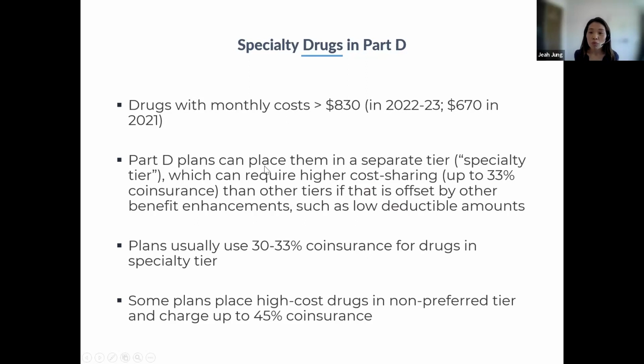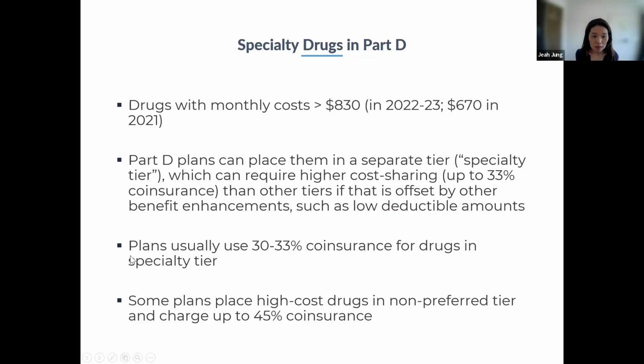Once the tier is defined as a specialty tier, you can actually charge a little bit higher cost sharing, up to 33% co-insurance, than other tiers, but you have to offset this higher cost sharing for specialty tiers by lowering deductibles. That's a condition, but then you can create a specialty tier.